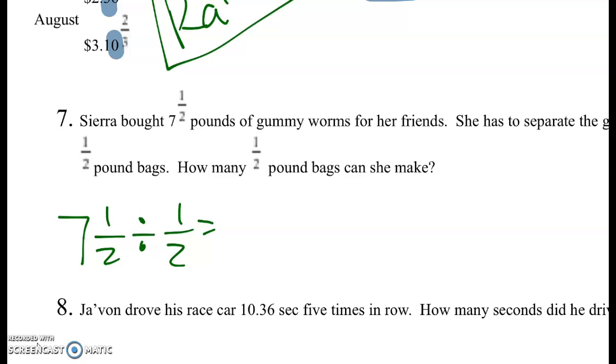Well, it goes into one whole thing 2 times. Half goes into 1 twice, right? A half and a half is 1. So that means 7, it would have 2 halves in each, so that would be 14. And then we have that extra half there, would be 15.